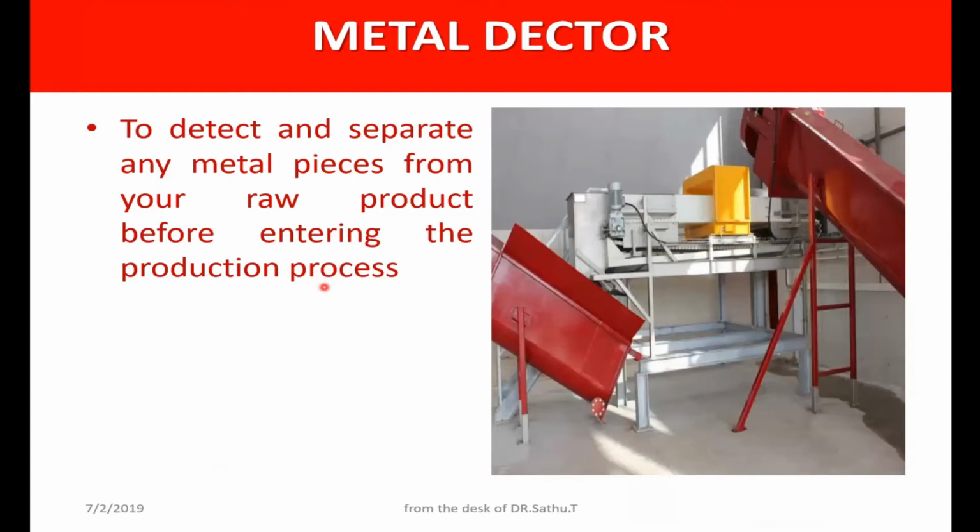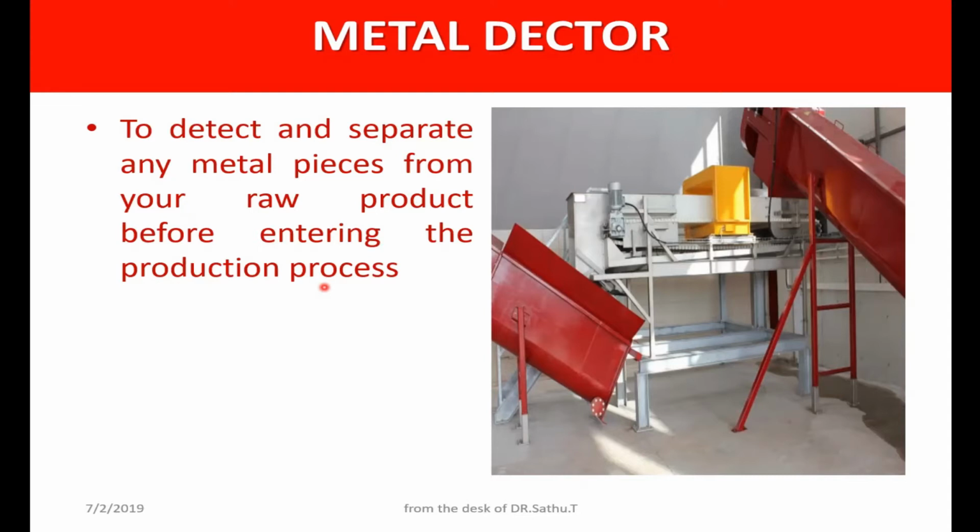After pre-breaking, we can use metal detectors to remove any metal that is present in the raw material, especially when you collect the raw materials from the butcher shops or the poultry processing shops. Sometimes you can find knife pieces, small knives can be there, chances are there. Sometimes needles will be there.